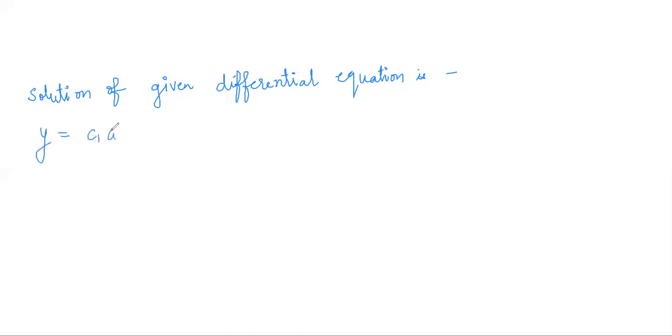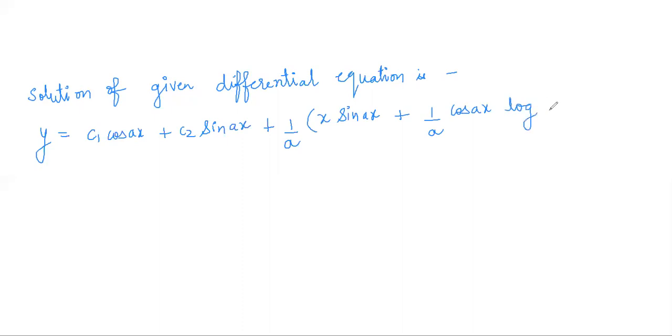Solution of given differential equation is dependent variable y equals complementary function c1 cos ax plus c2 sine ax, and obtained particular integral, which is 1 upon a x sine ax plus 1 upon a cos ax log cos ax.